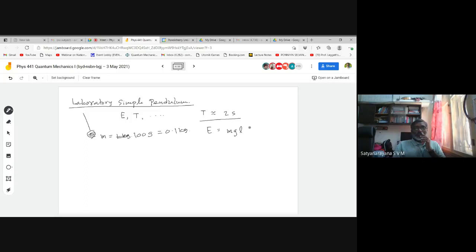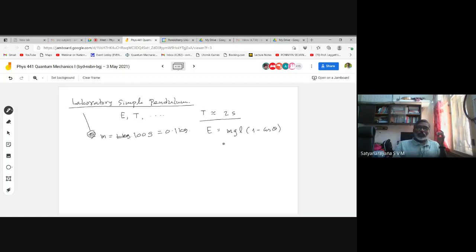That is mgl into 1 minus cos theta. This is the potential energy, when theta is some particular value, theta naught. Let us say theta is equal to pi by 2. So you lift it to that height.